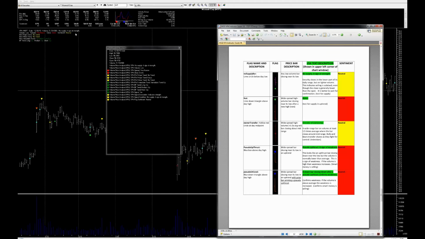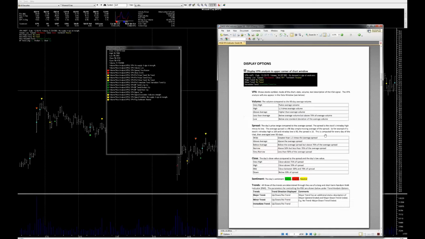The spread and the close are explained here. It's basically a table: the volume, whether it was low or high; the spread, meaning the high to low range of the price; and where the close of the day occurred relative to that range, as well as this new sentiment thing, which we invented to start to categorize these VPA events.